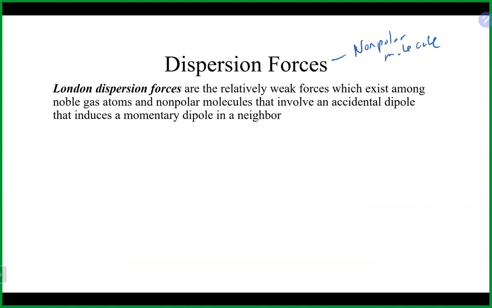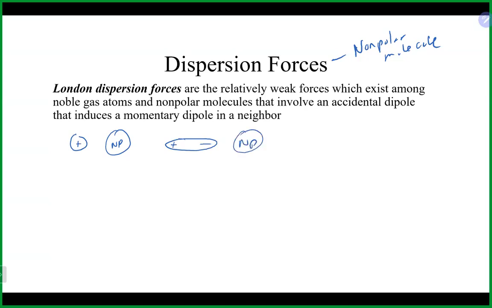Dispersion forces are relatively weak forces that exist among nonpolar molecules that involve an accidental dipole or an induced dipole by a neighbor. So what does that mean? There are a couple of ways dispersion forces could happen. You can have an ion and a nonpolar molecule. You could also have a polar molecule and a nonpolar molecule together.